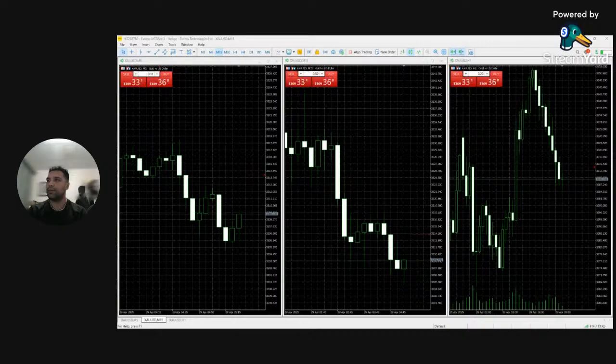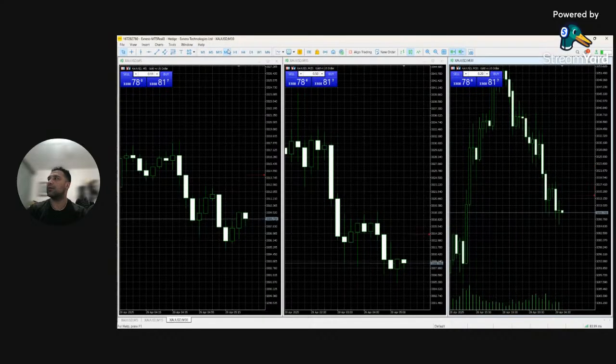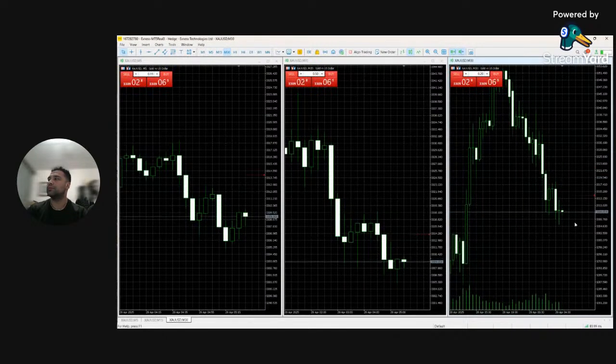Let's see how the opening of this 15 minutes candle began, and we can see right here that the 30 minutes candle, look. This is the kind of a 30 minutes candle that actually formed.